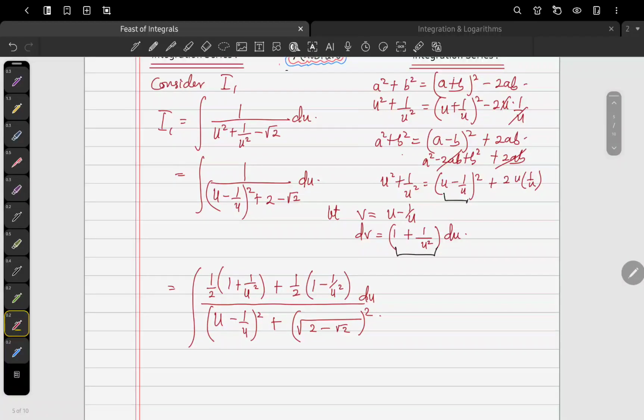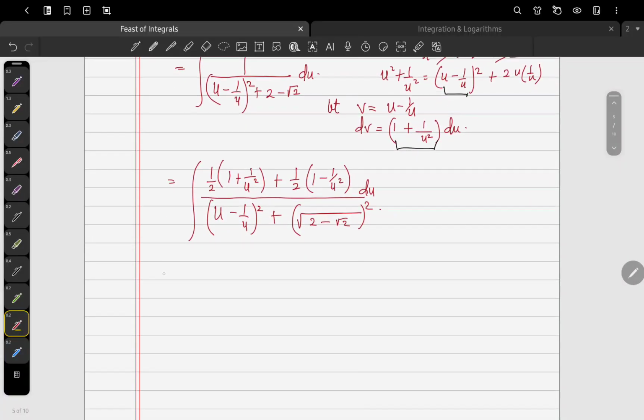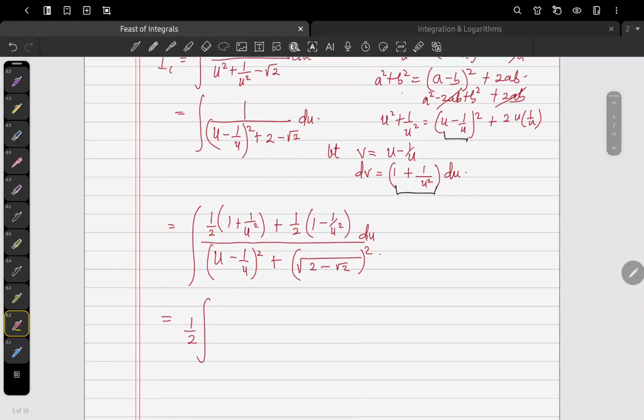Okay, then this helps us to split it into two integrals again. In fact, I can pull out the 1 over 2. The idea of this comes from the fact that when we set v to be equal to u minus 1 over u, we can see that the derivative is 1 plus 1 over u squared.